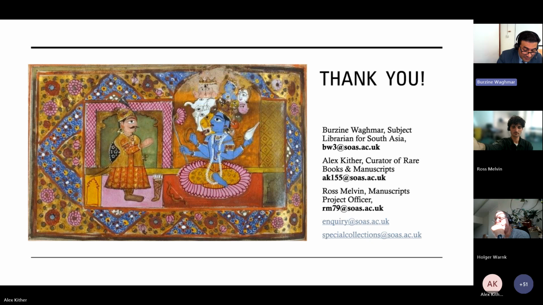At SOAS, Africa was only added to the school's acronym and remit from 1938. Arnold was its first chair of Arabic and Islamic studies, and he was also assistant librarian of the India Office 1904 to 09.